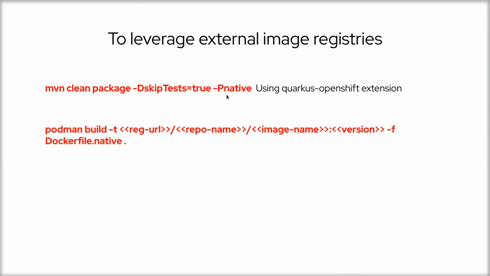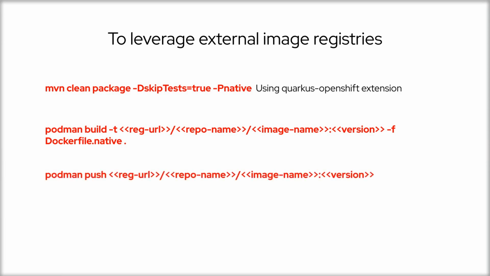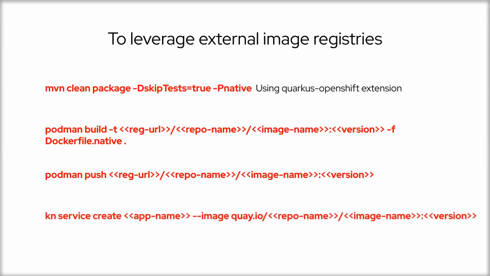And then you can use your tool of choice, either Podman or Docker, to build the container image and then push it to your relevant choice of external image registry. And then finally, once again, you can use the Knative CLI to create the Knative service for your applications.